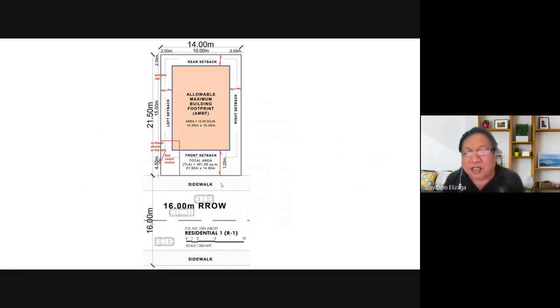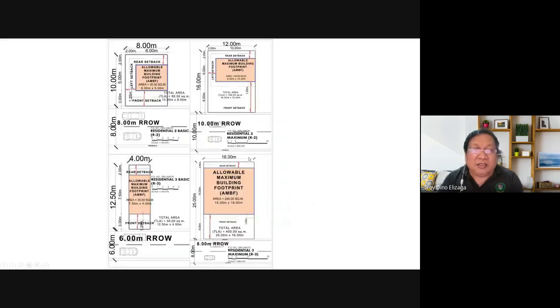But at least they try to do it this way so it's easier to understand when we talk about the setbacks, because in the National Building Code you will encounter a lot of terms like AMBF, allowable maximum building footprint. Okay, so I will just show this to you in passing. This is for a single detached, so you have done the single attached.